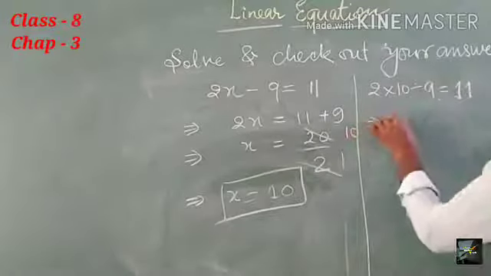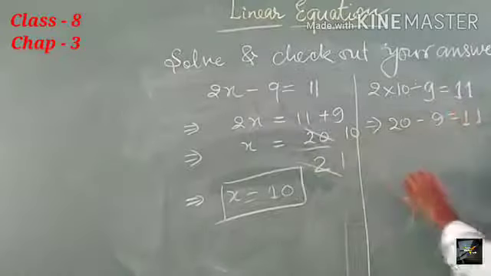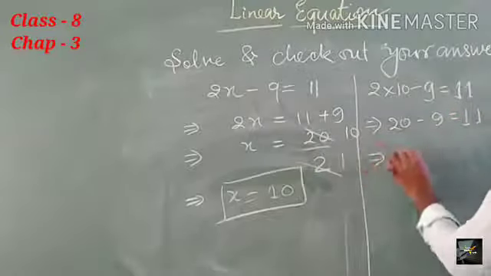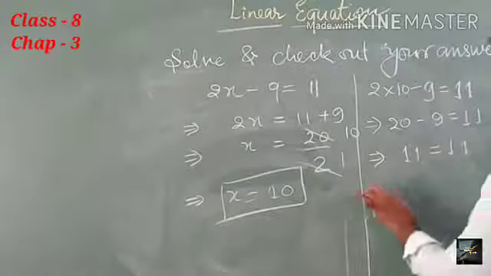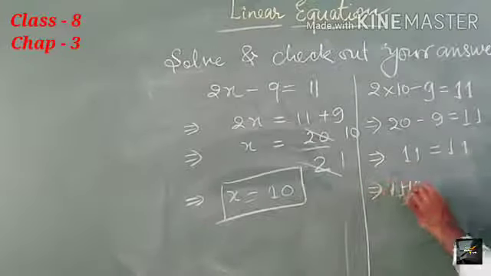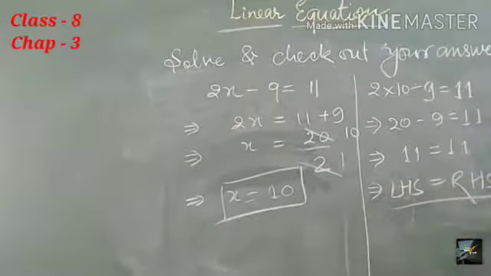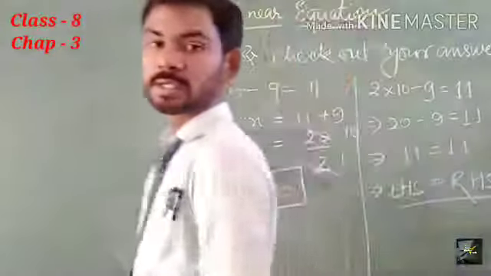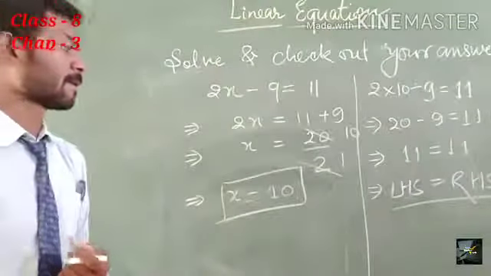This implies 20 minus 9 equal to 11. Here we get 20 minus 9 is 11, which is equal to 11. This implies left hand side equals right hand side, which proves that our solution is correct.